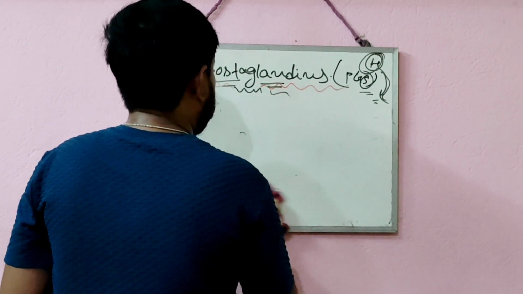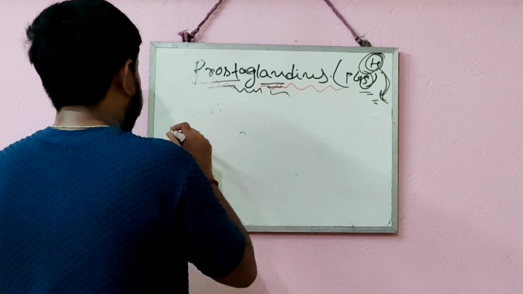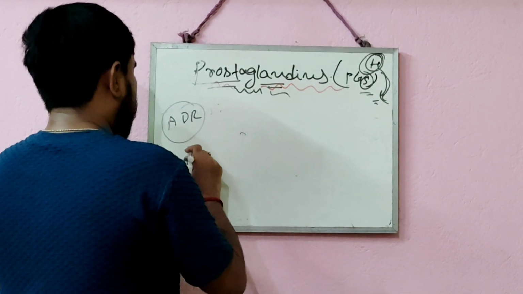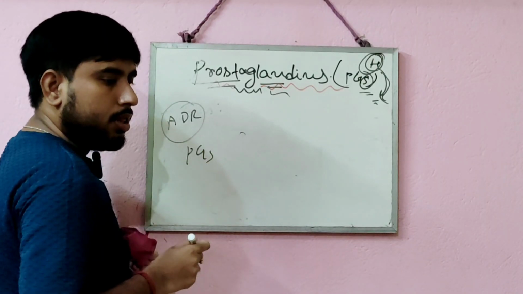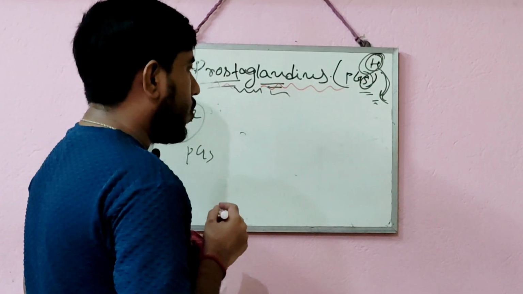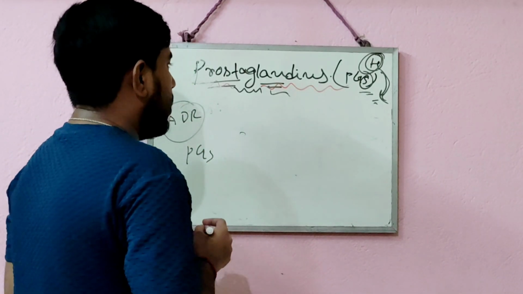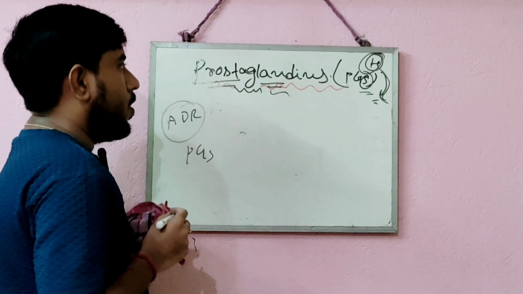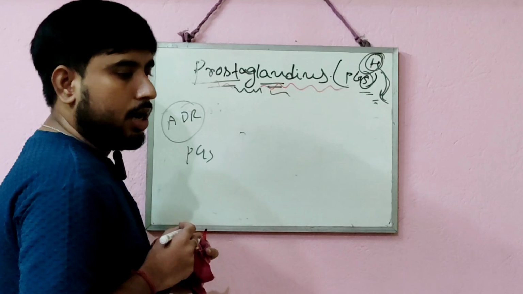Now we'll discuss the different adverse drug reactions of all those prostaglandin analogs. What are the general toxic, unwanted or undesirable actions in case of prolonged use of prostaglandin analogs?